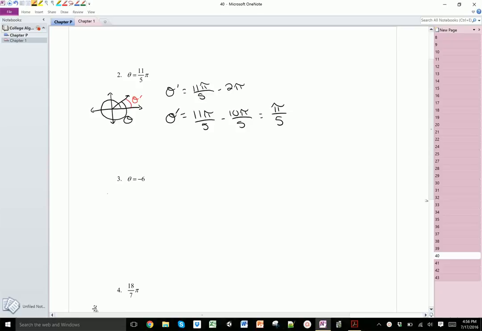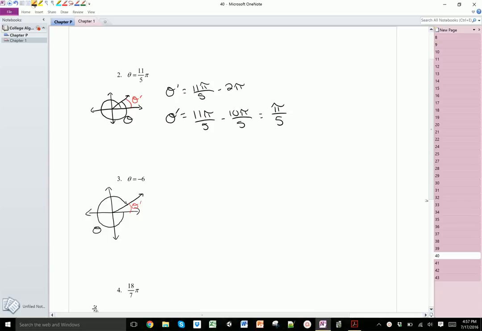Okay, with this one, we need to go around, and we're not going to go quite all the way around, because all the way around would be like negative 6.28. So we're just at negative 6. So here's my theta, and I want to find my theta prime.